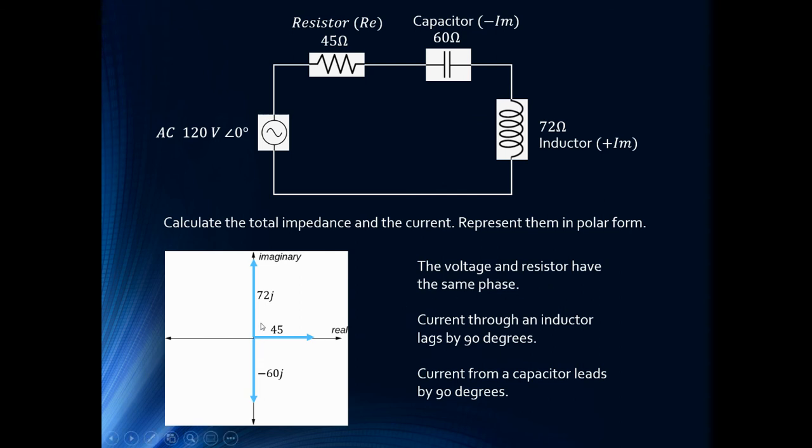So it's very convenient that these real and imaginary axes meet at 90 degrees, and it just really lends itself well to representing electrical circuits on the complex plane.